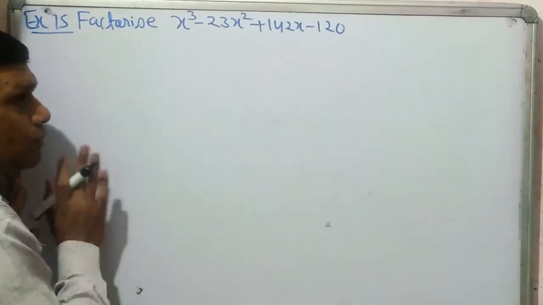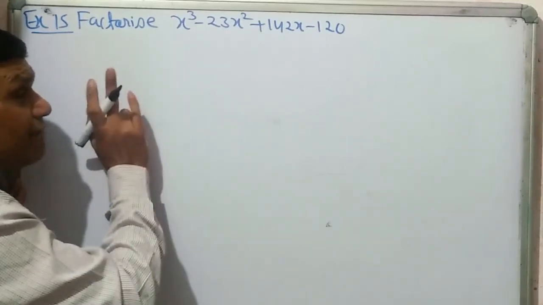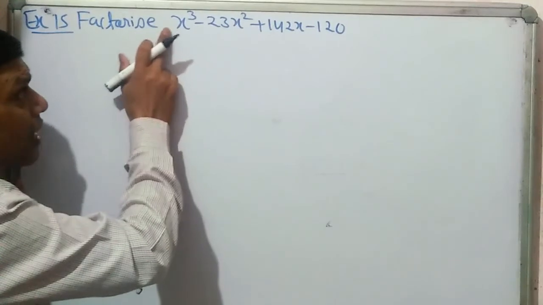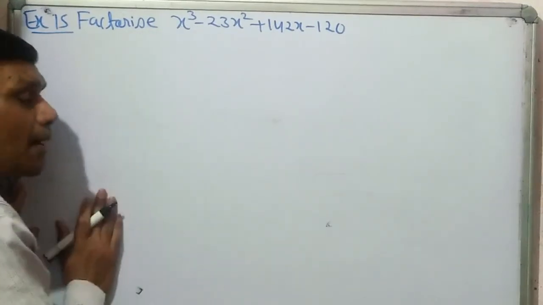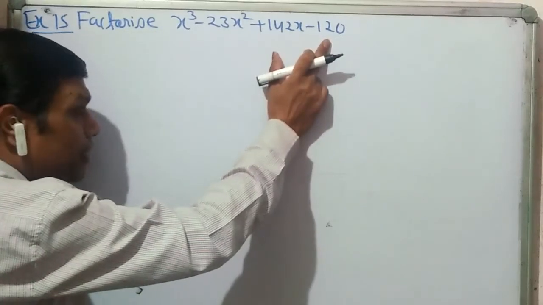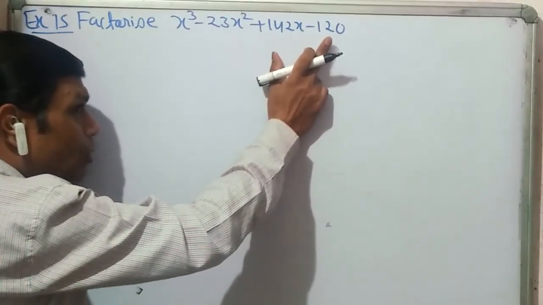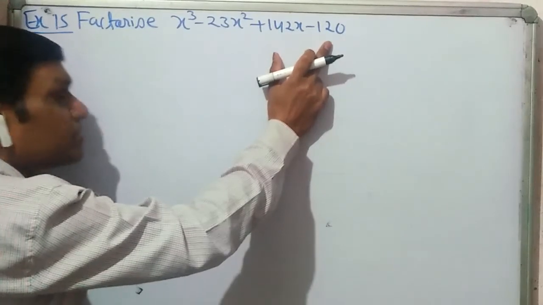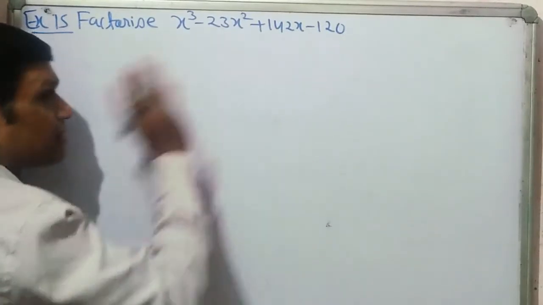Let us see how. The first thing that we have to observe is that the coefficient of the highest degree term should be 1. If it is 1, we look at the constant term and find all its possible factors, not prime factors, factors.